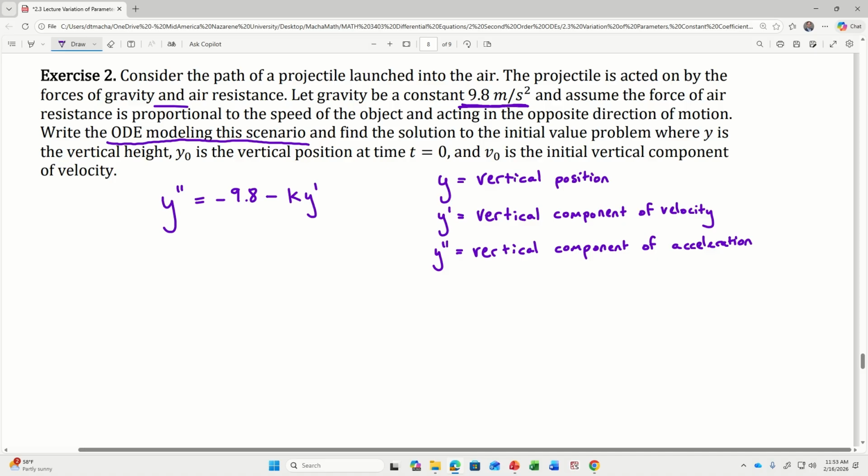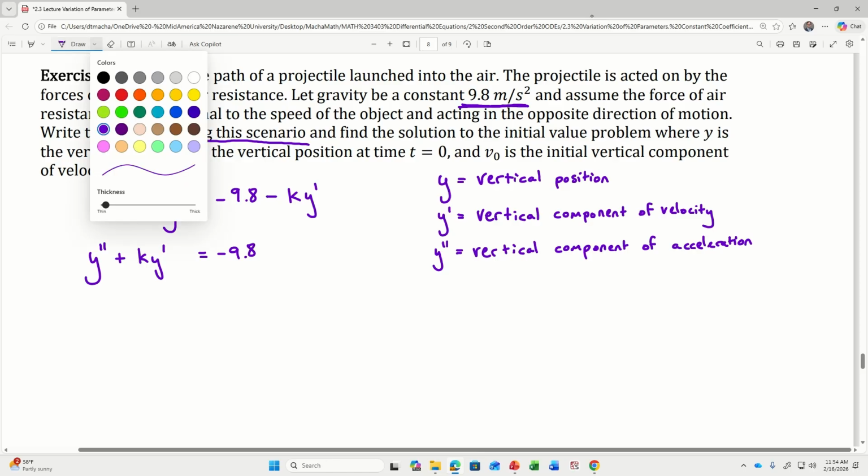So then, we can rearrange this ODE. And we find out that this is a second order, linear, non-homogeneous ODE with constant coefficients.